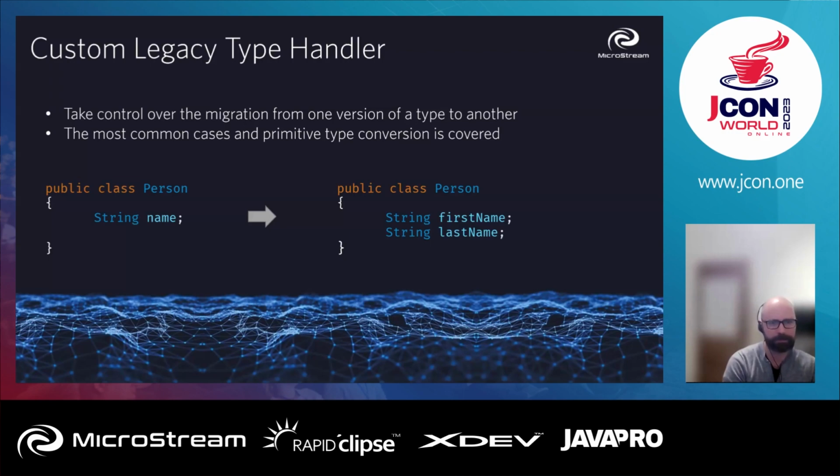The most common cases are covered by the engine itself. Primitive type conversion, for example, is covered. You don't have to write type converters for that. But if you have more complex conversions, like you want to split up a name into first and last name, you have to write a custom type handler for that, because the engine doesn't know how you want to proceed.